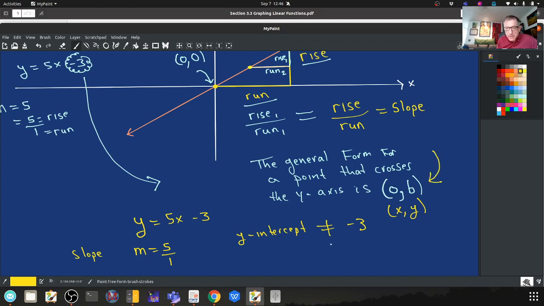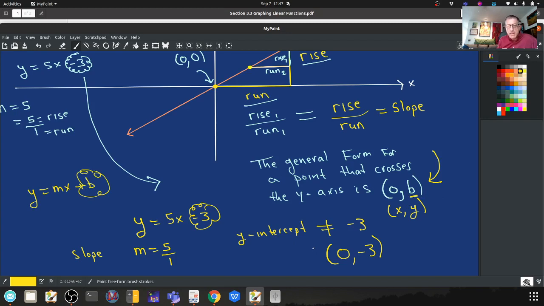So the y-intercept can easily be gleaned from this value. It's 0, minus 3. So the y-intercept always has a 0 in the x slot, and all you have to know is the value of b. When we have y is equal to mx plus b, that b value is what is inserted here.